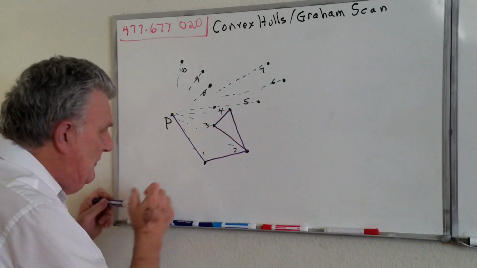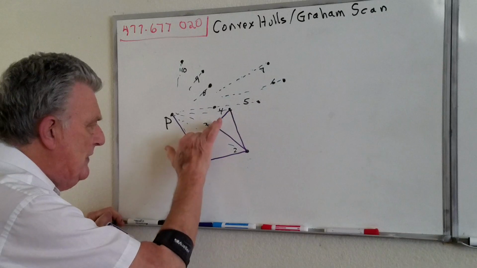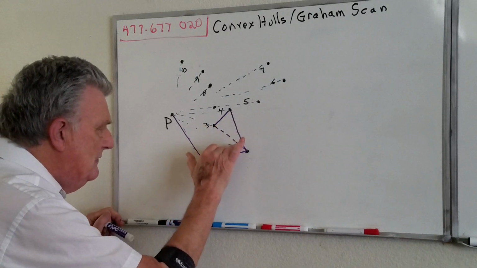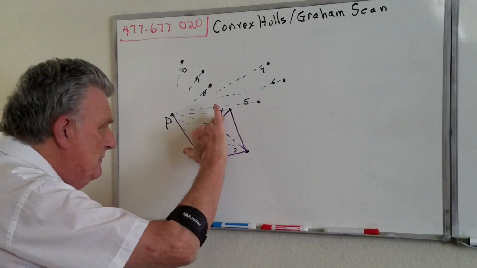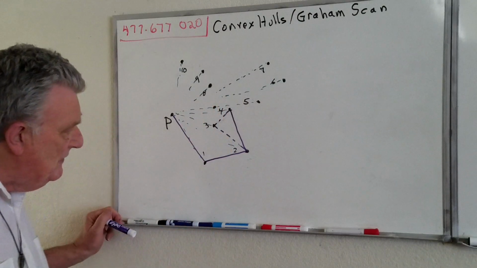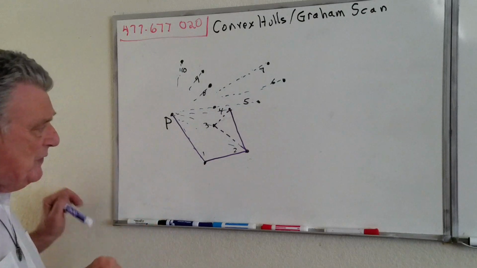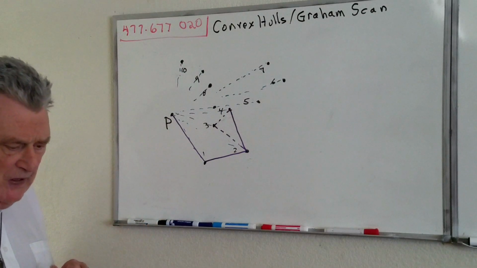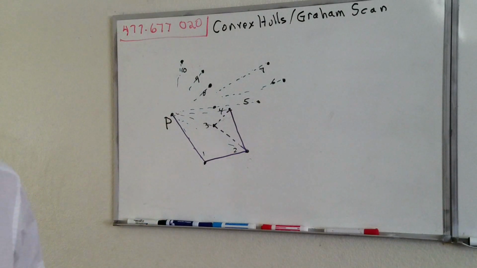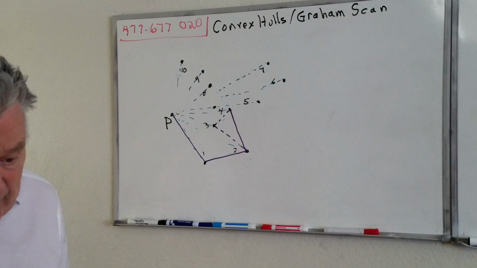Now I'm going to pretend that this edge is erased by making it dotted. So this edge will no longer be in the algorithm, it will be deleted from the structure. Now one question you have to ask is, what structure do we use?